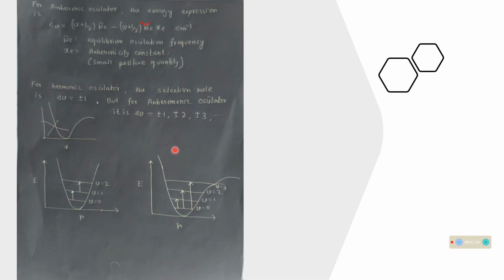So in the IR spectrum, for the first transition, V equal to 0 to V equal to 1, this energy difference appears as a spectral line, and this transition is known as the fundamental vibration frequency or fundamental absorption.